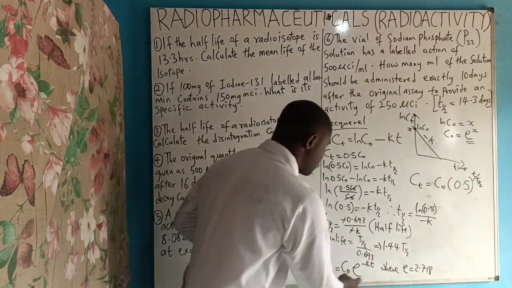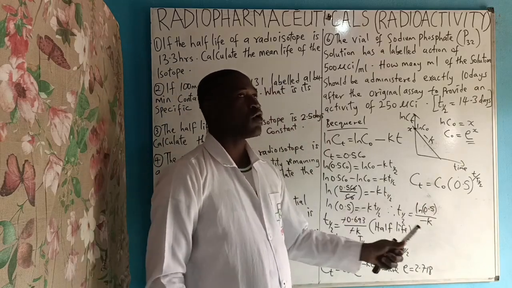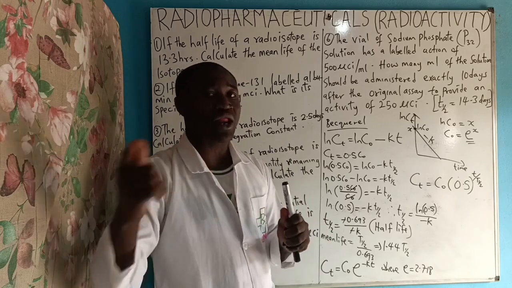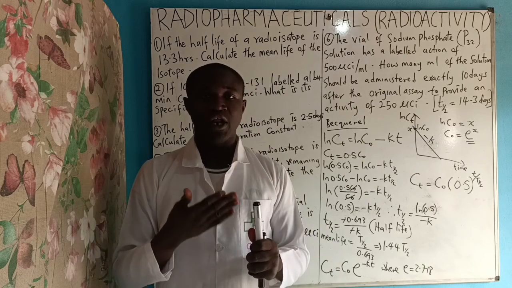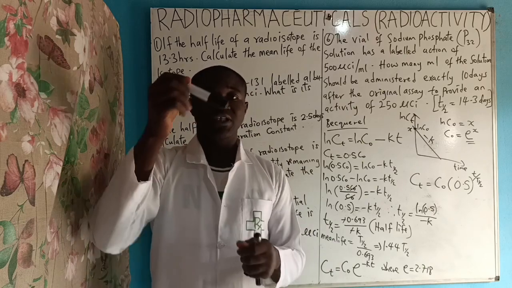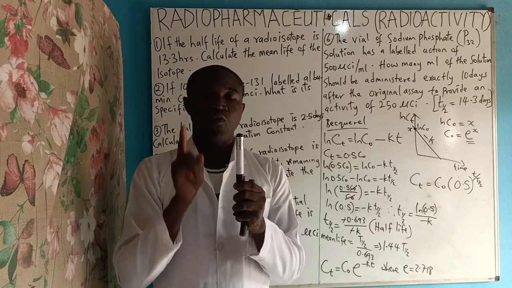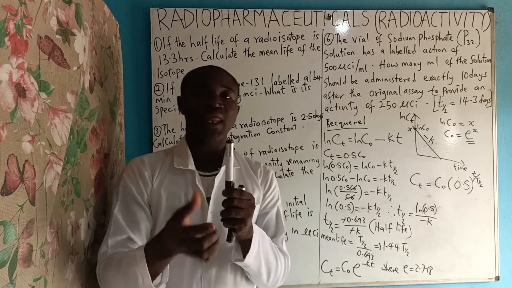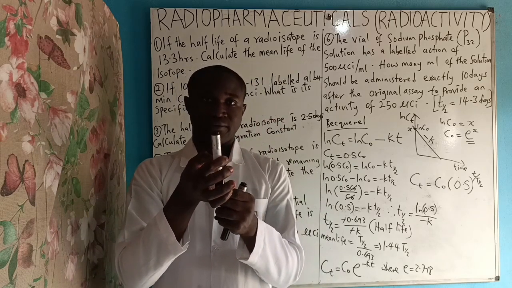What do these two formulas mean? If you are asked to get the concentration or amount of a particular radiopharmaceutical which remains at a particular time, remember the half-life simply means that if the half-life is 10 days, when it gets to 10 days, half of it will decay and half will remain.